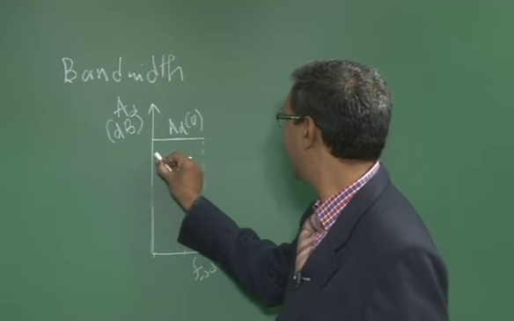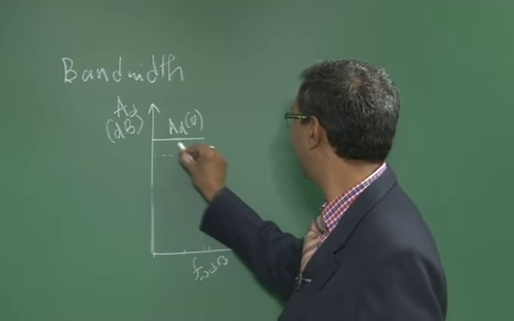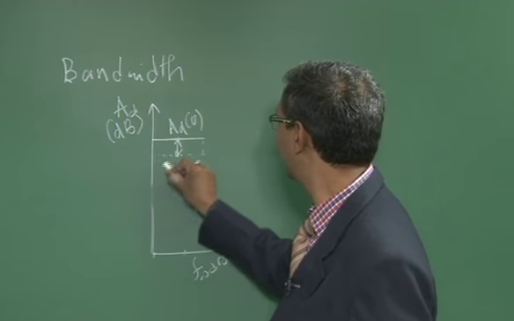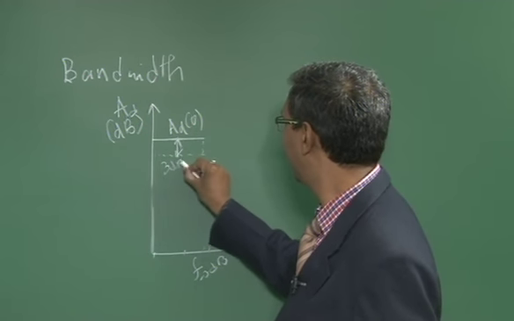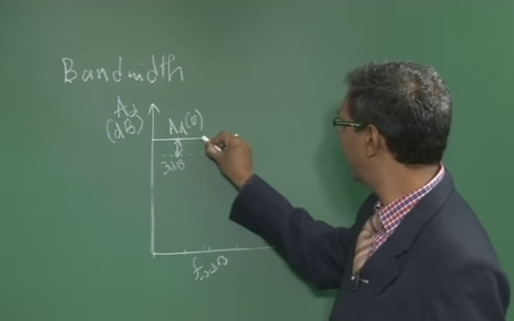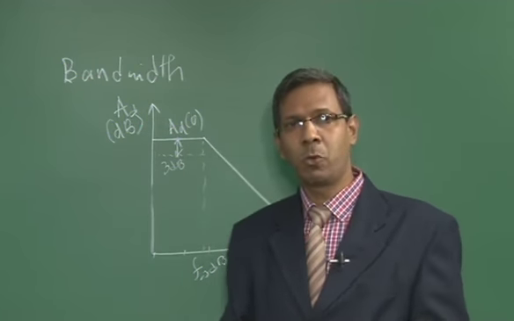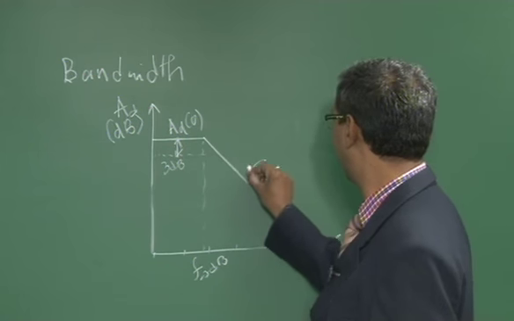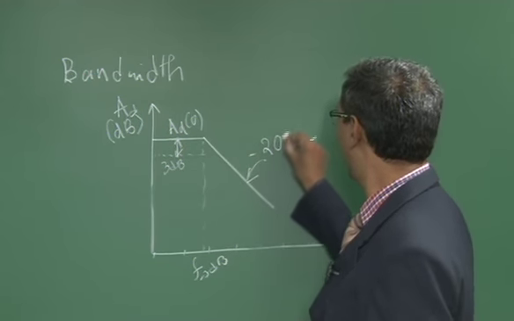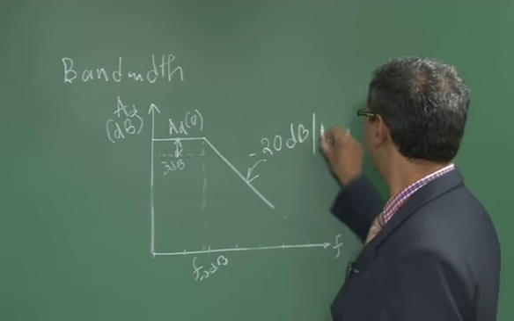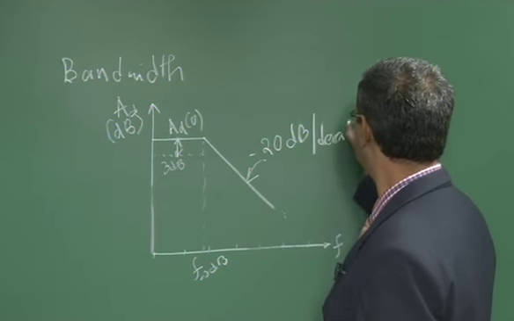So let me say this is the point typically, and this entire thing is 3 dB. After that, it tapers at the rate of minus 20 decibels per decade. Now what is this rate called? Minus 20 decibels per decade.